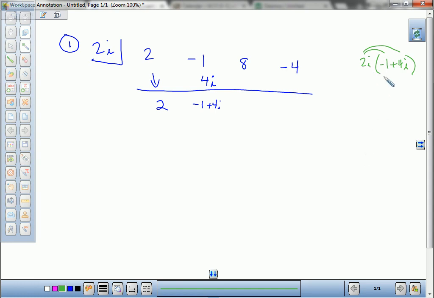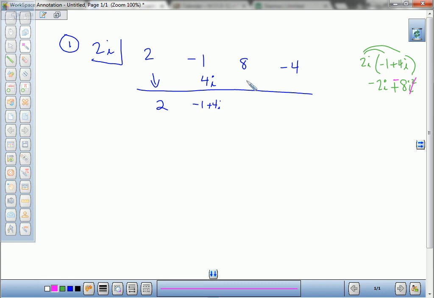So when we do a 2i times a -1, that gives us -2i. And now we're doing a 2i times a +4, which is a positive 8i squared. Does anybody remember what i squared is? It's a -1. So it turns this 8 into a -8.